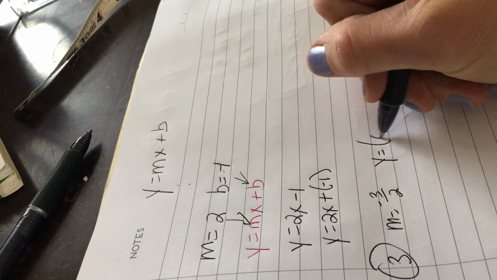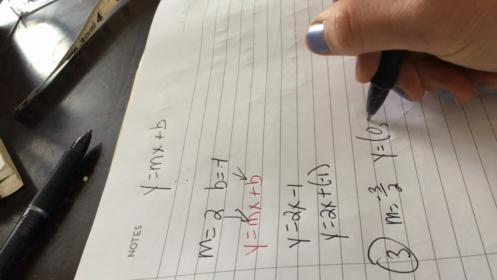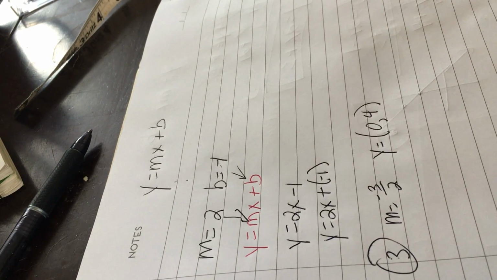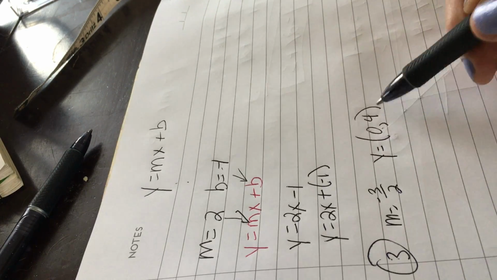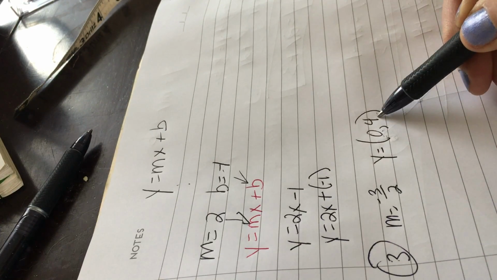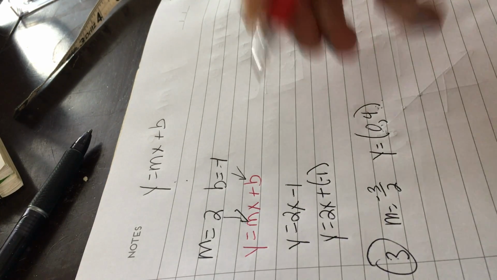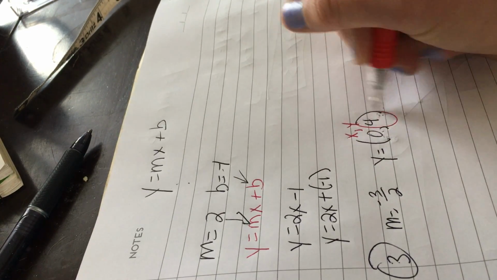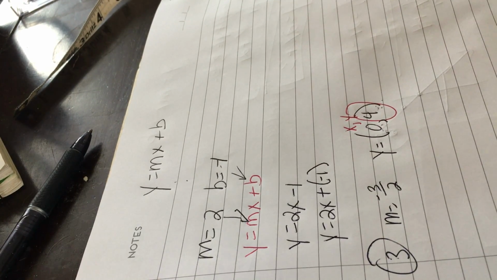They gave you the coordinates of your y-intercept. Your y-intercept is where it crosses the y. So which one is the y, the 0 or the 4? Well, you have to remember from 9.1, x, y. There's my y-intercept.